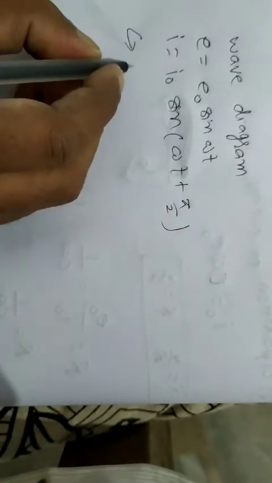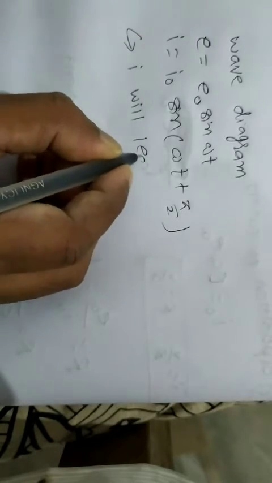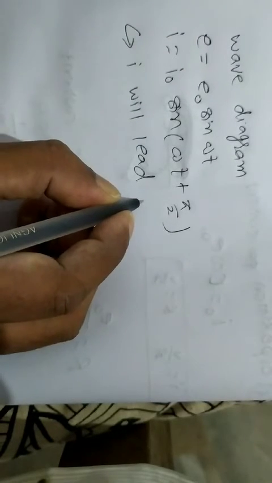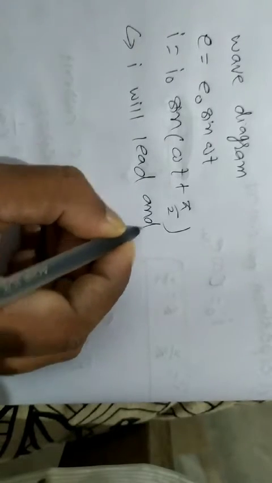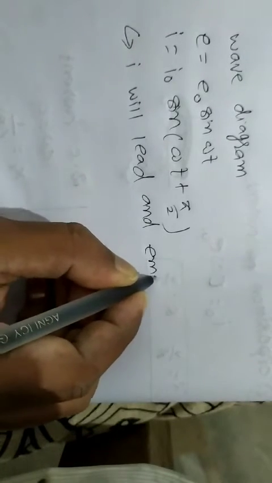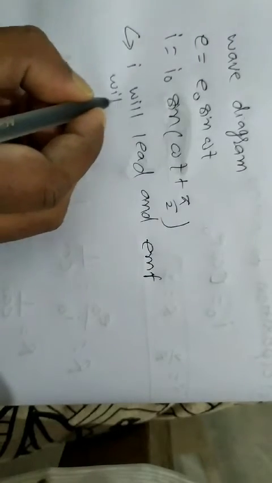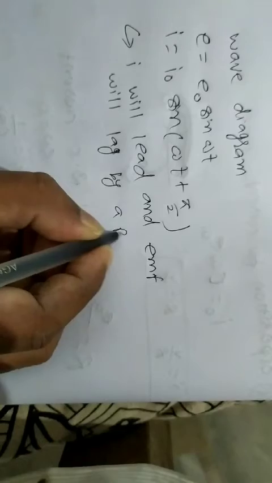That means which thing will lead? Current will lead and EMF will lag by a phase of how much? Pi by 2.